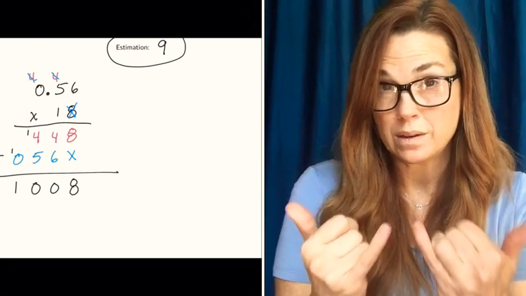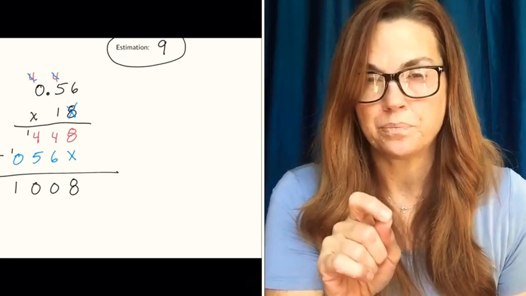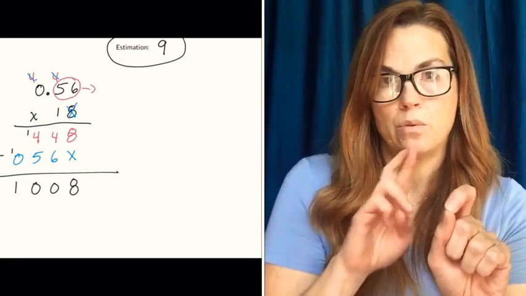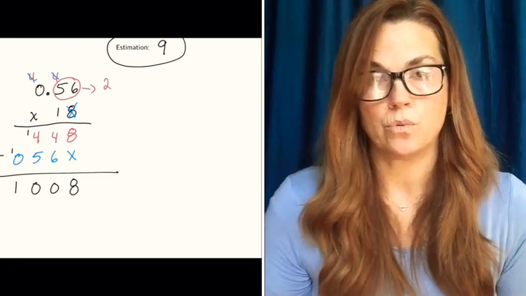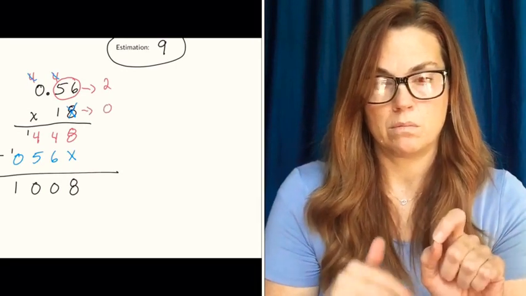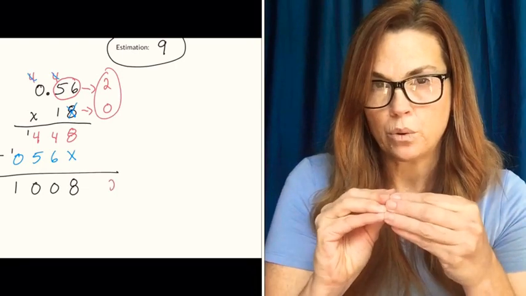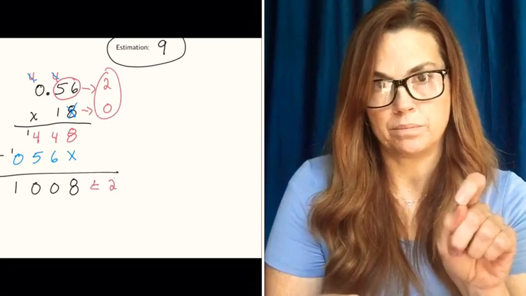Okay, now we need to focus on the decimal. Looking up here, I have 2 digits to the right of my decimal. And here, I don't have any digits to the right of my decimal. So altogether, I should have 2 digits to the right of my decimal in my final answer.